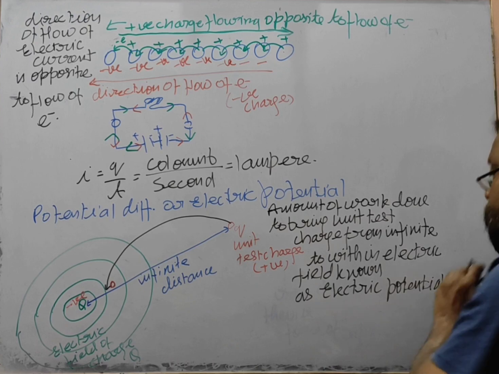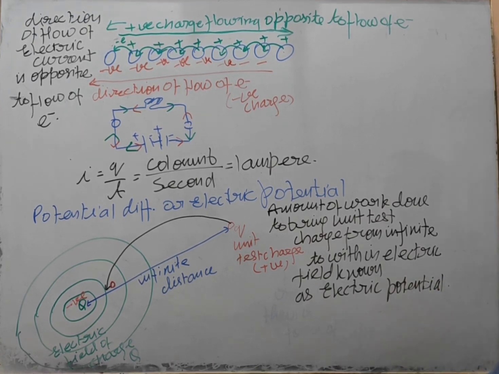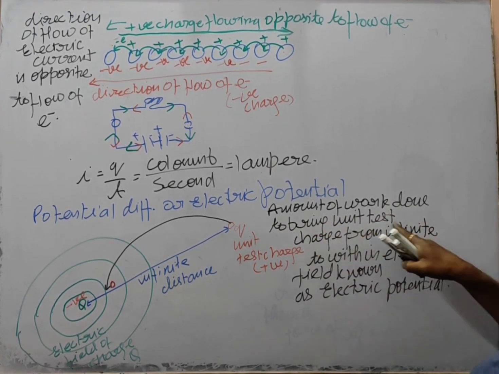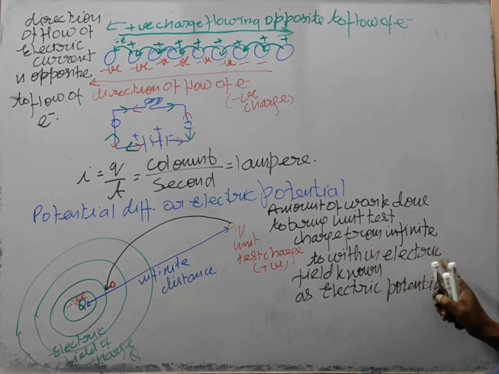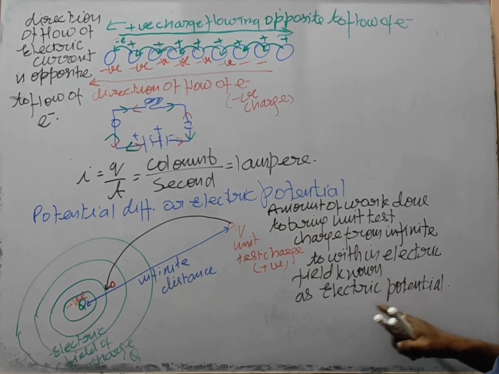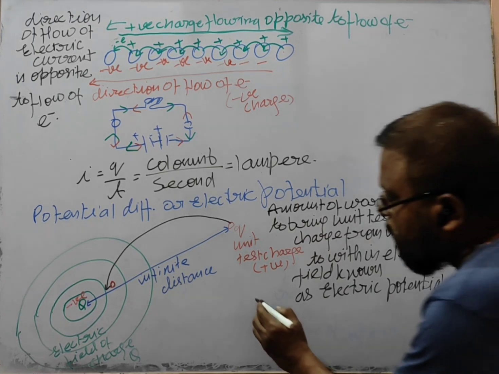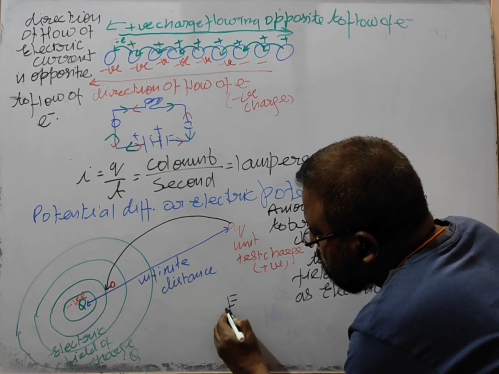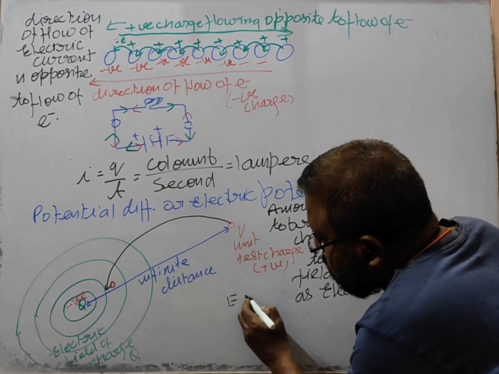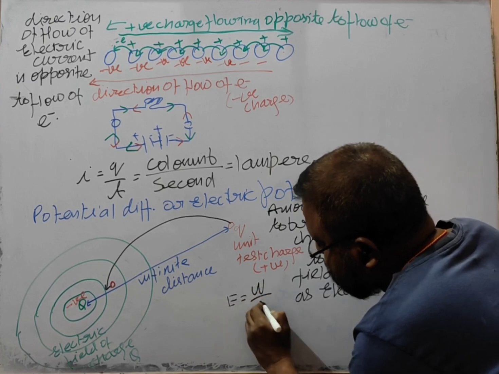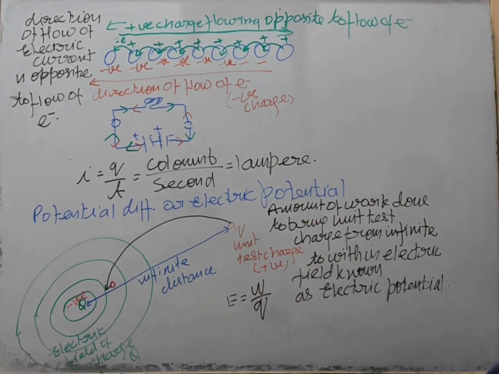I hope you understand. The amount of work done to bring a unit test charge from infinity to within the electric field is known as electric potential. So V is equal to W upon Q, right?